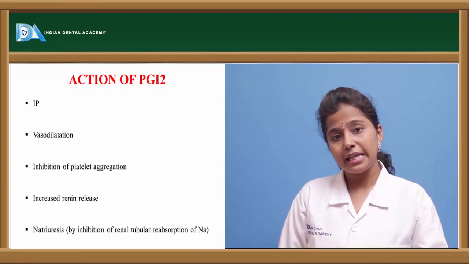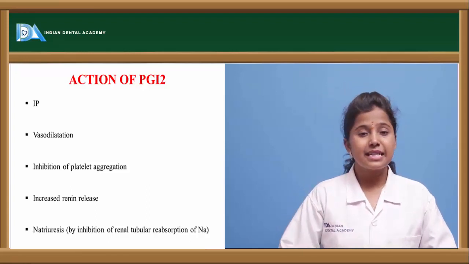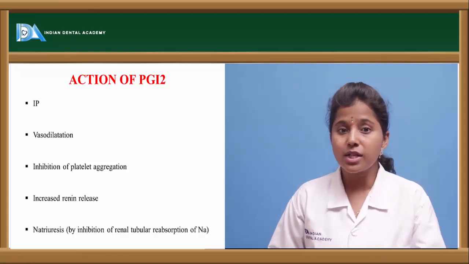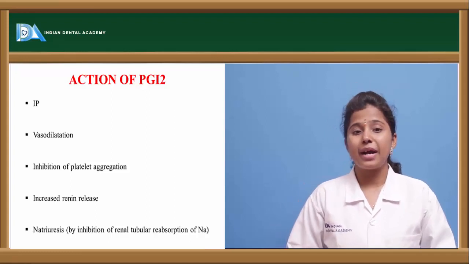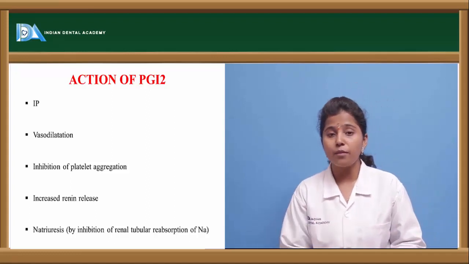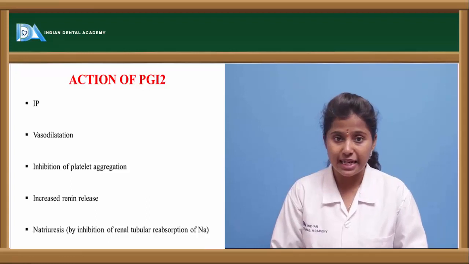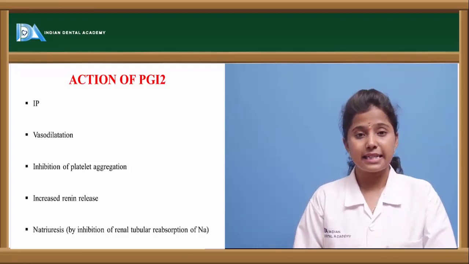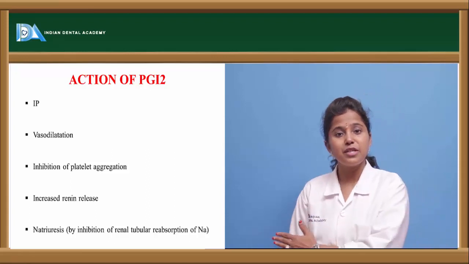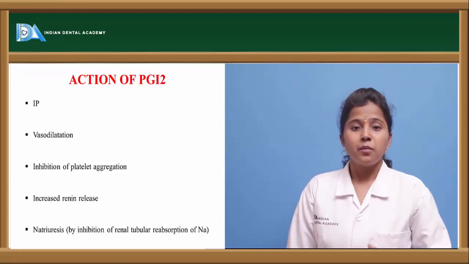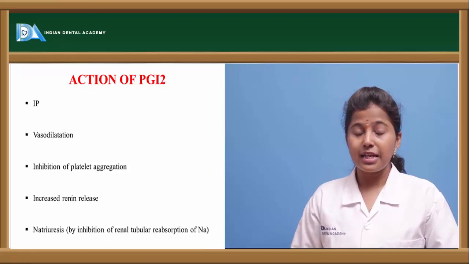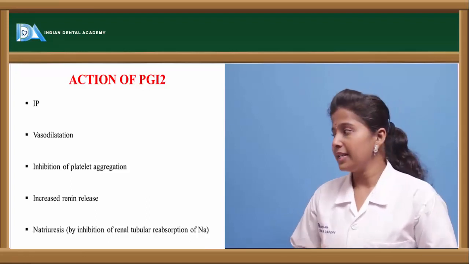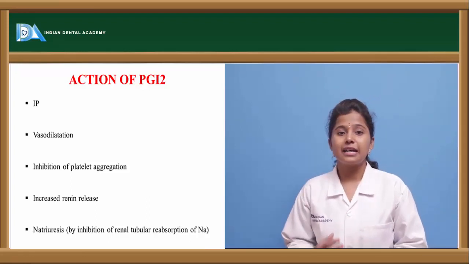A few of the prostaglandins are synthesized in the kidney and CNS, because the prostaglandins formed by the action of the COX2 enzyme are synthesized in the kidney as well as in the CNS. So PGI2 is a prostaglandin synthesized in the kidney, and it is mainly responsible for increased renin release.